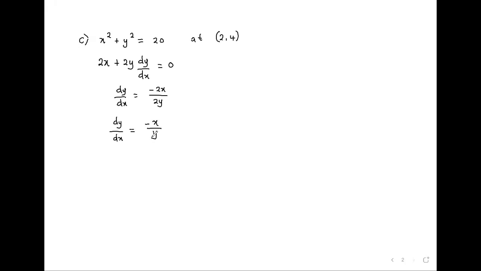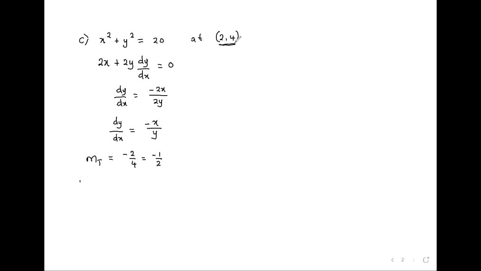And then we pick that point to find m_t, meaning the gradient of the tangent. So we'll have -2 over 4, which is equal to -1/2. You substitute the whole point if the variable y is present in the first derivative.